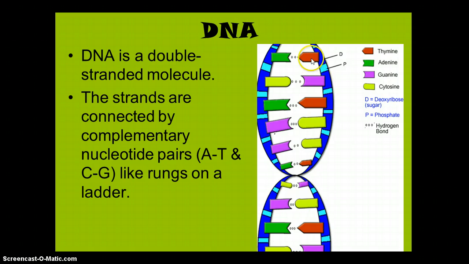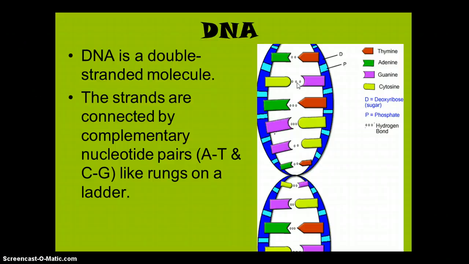And we have the rungs of the ladder, which are made up of nitrogen bases. And what bonds these nitrogen bases is hydrogen bonding, okay? And if you look closely, between thymine and adenine we're going to have 2 hydrogen bonds, but between guanine and cytosine you're going to have 3 hydrogen bonds.